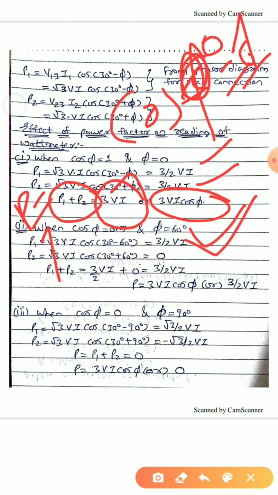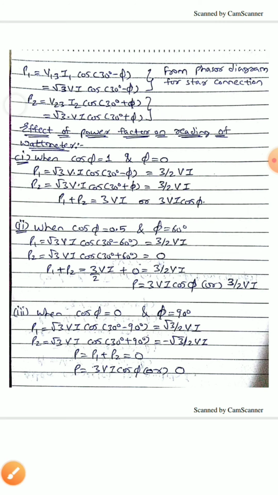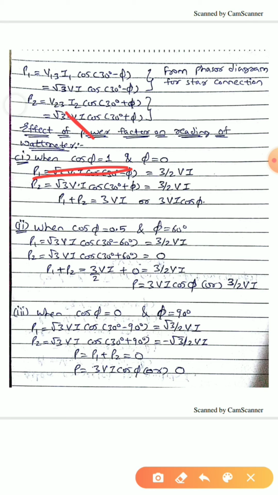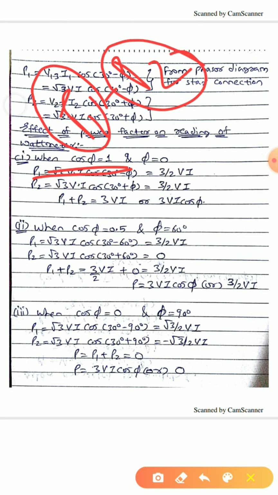So it is quite clear that using 2 wattmeters I can get the power of 3 phases, because I am getting 3 Vi cos phi. Let us move on to the second case. In the first case we can clearly make out that at unity power factor the readings of the 2 wattmeters will be equal. Both P1 and P2 will show equal readings, half of the total power across P1 and half across P2.